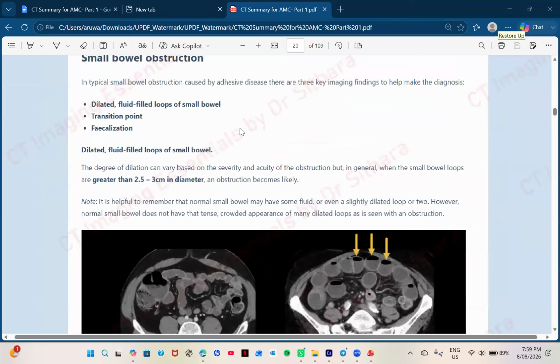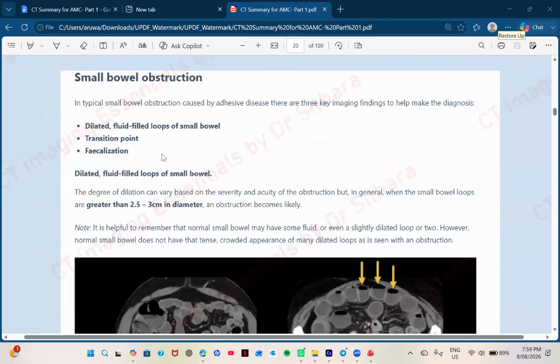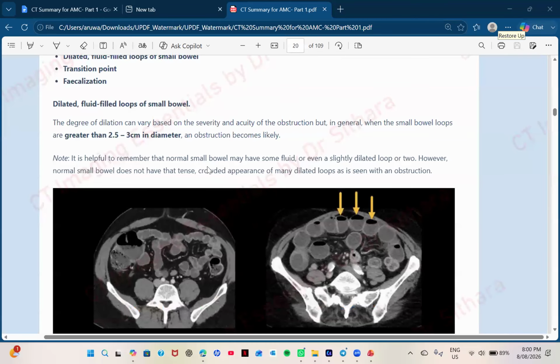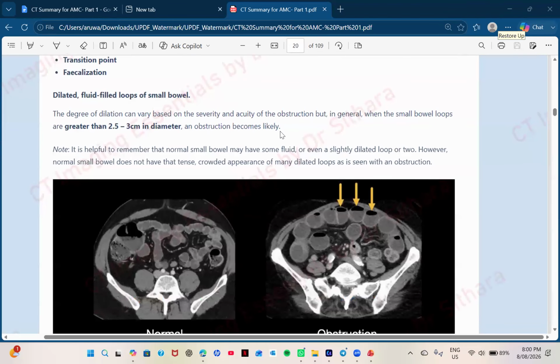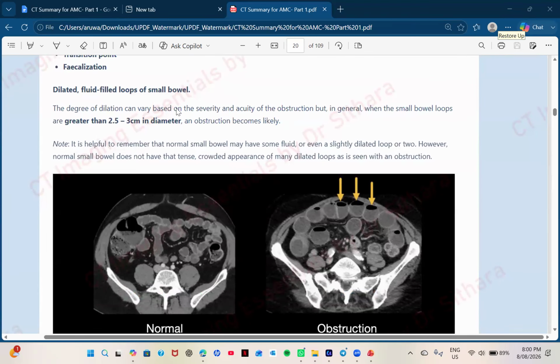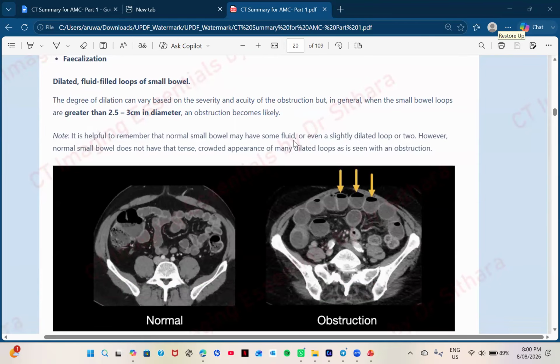So here is the small bowel. These are the things you can see. This is from Life in the Fast Lane. I had to go through a lot of guidelines to gather information. If you want, you can search small bowel obstruction, LITFL, Life in the Fast Lane, and you can find this. The degree of dilation can vary based on the severity and acuity of the obstruction, but in general, when the small bowel loops are greater than 2.5 to 3 centimeters in diameter, an obstruction becomes likely.